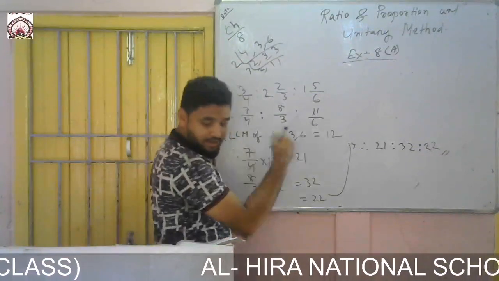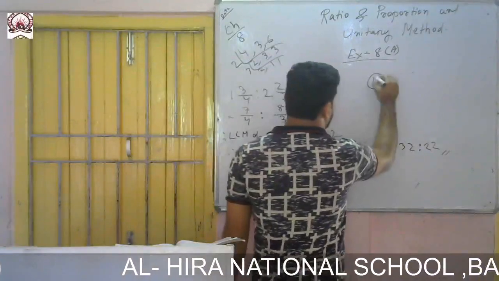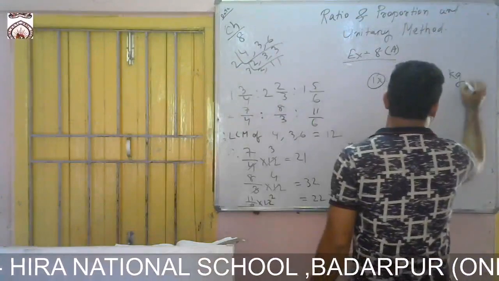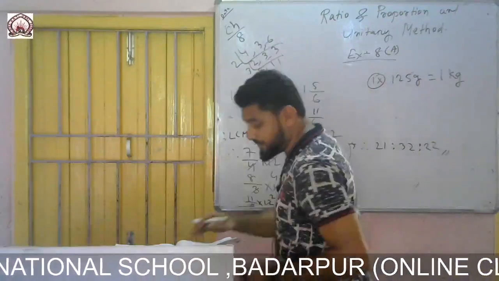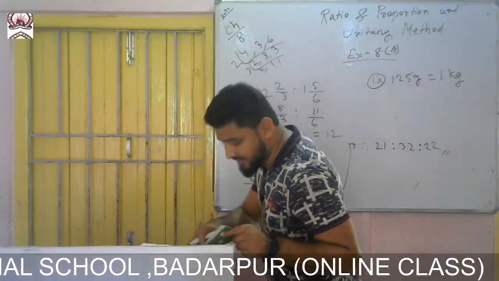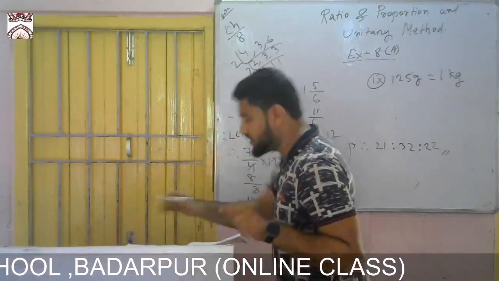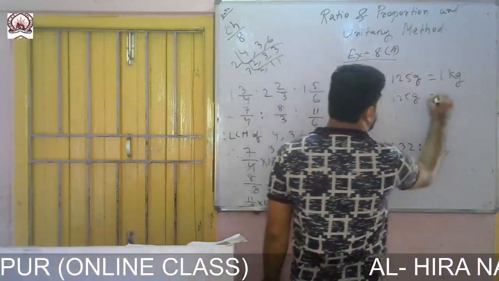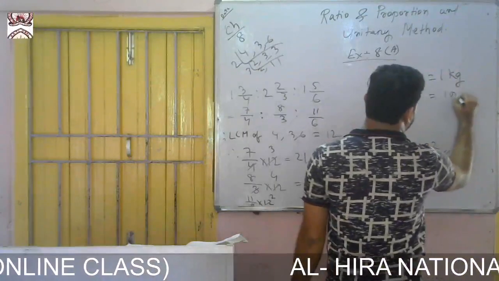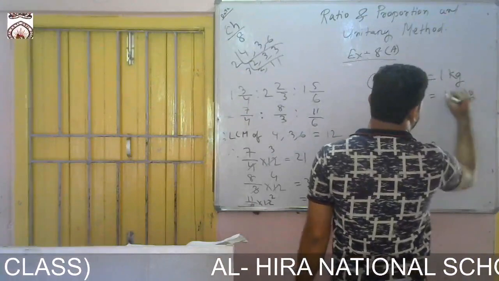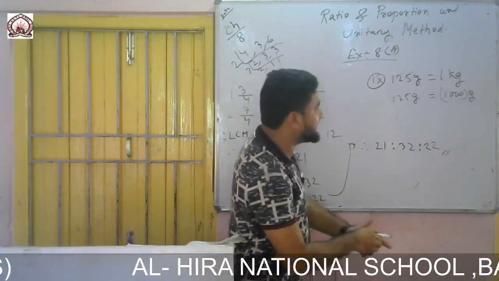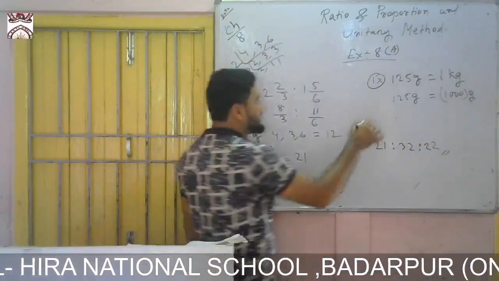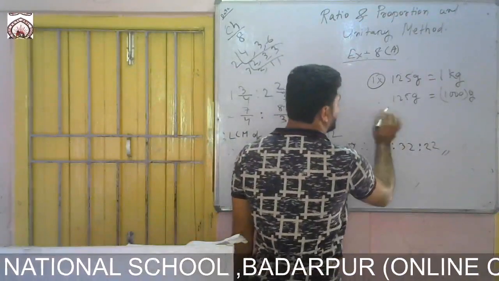So here, this is gram, this is kg, so let me take this one into gram, so it will be 1000 gram, because we need to convert it into the same unit, same quantity, as I said earlier.